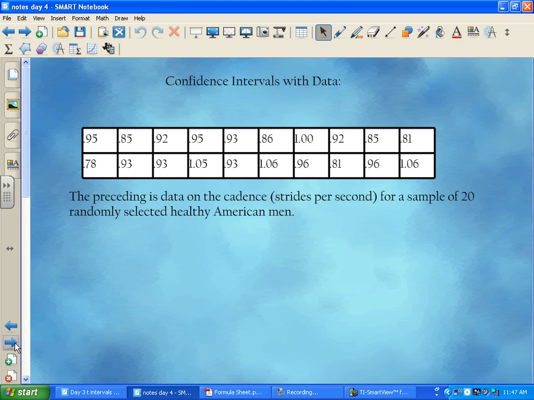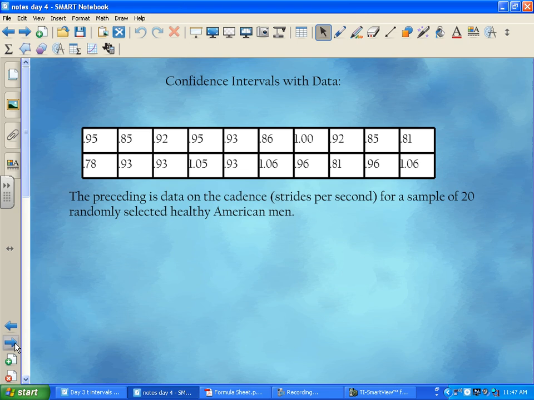Independence is justified when our sample is less than 10% of the population. How many did we sample here? 20. Out of the population of what? Healthy American men. I think we're less than 10% of that population. Oh, dear God, I hope there's more than 200 healthy American men in the United States. Yes, but not that small.